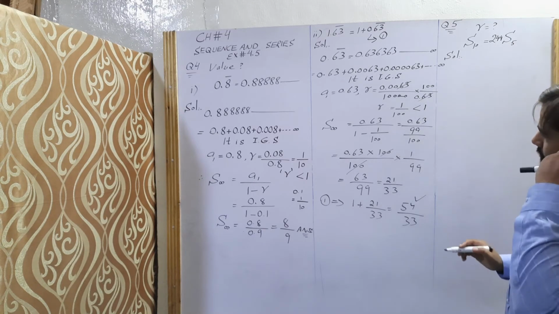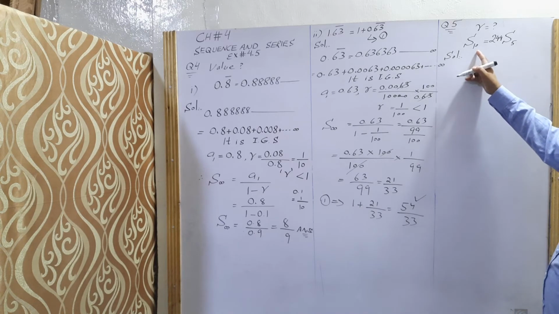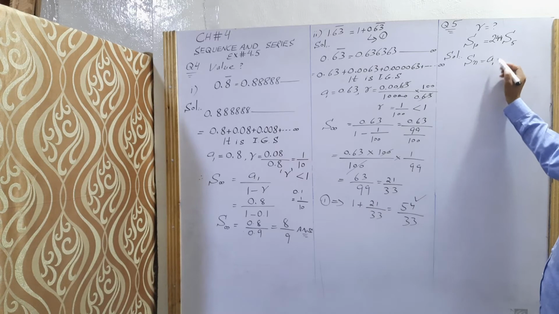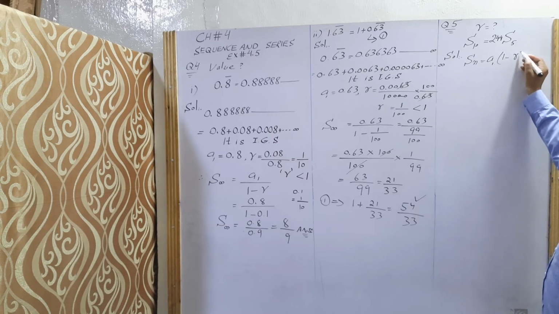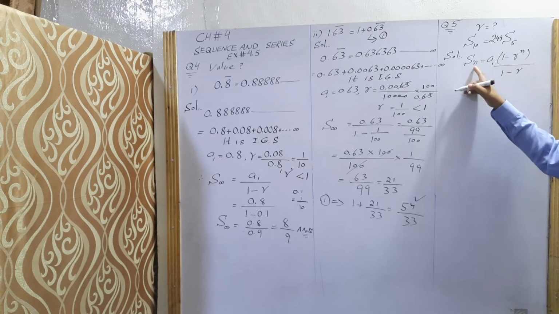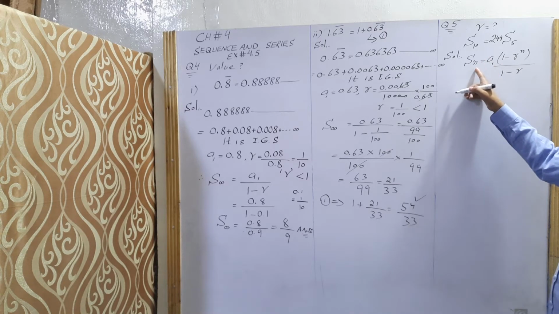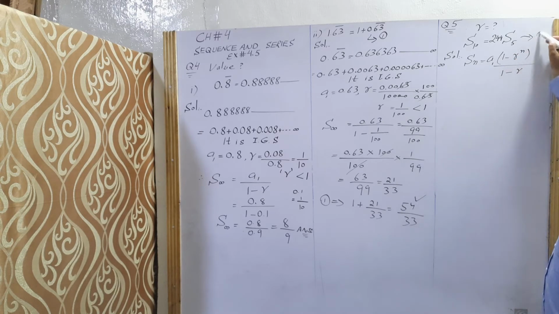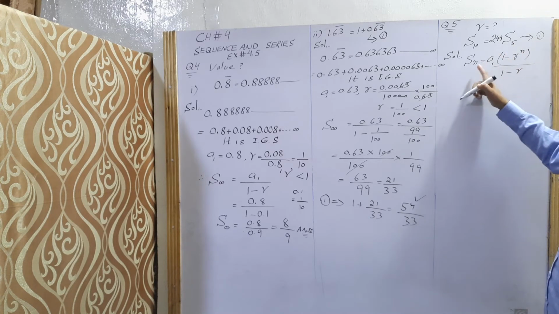Simple, use the formula Sn is equal to a1 times (1 minus r raised to power n) divided by 1 minus r. Simply replace n by 10, and replace n by 5.